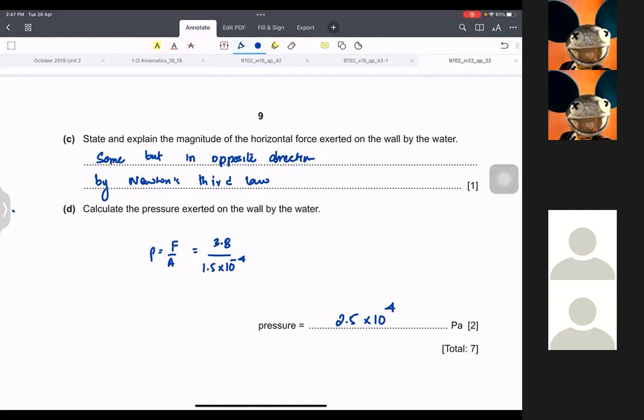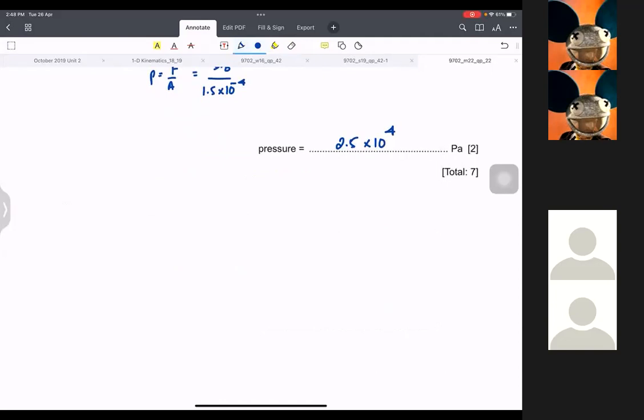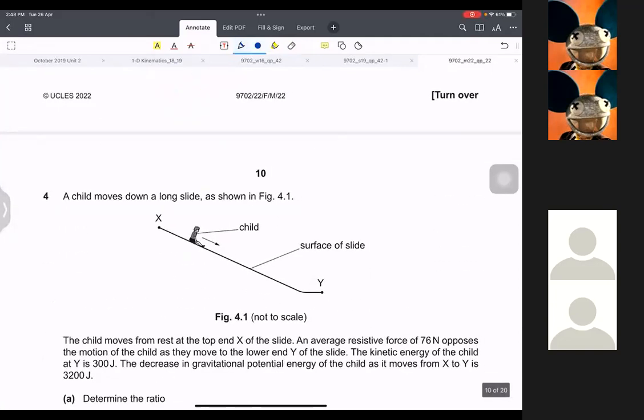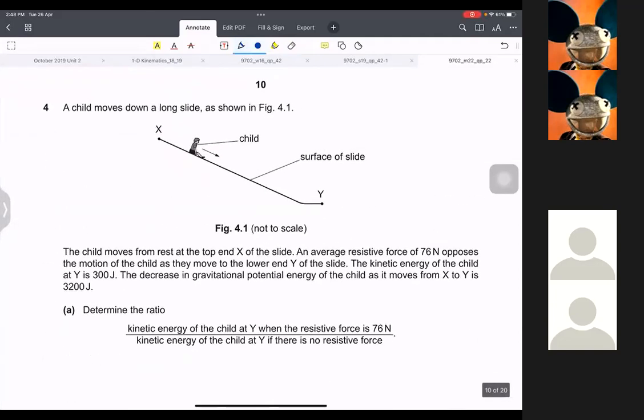All right, question number 4 now. A child moves from X to Y. So the kinetic energy here is this, and the decrease in gravitational potential energy from X to Y is this.